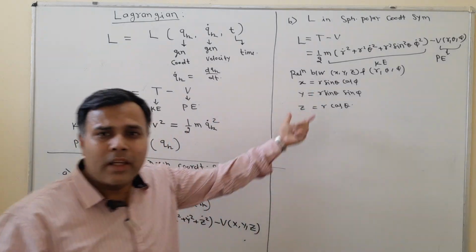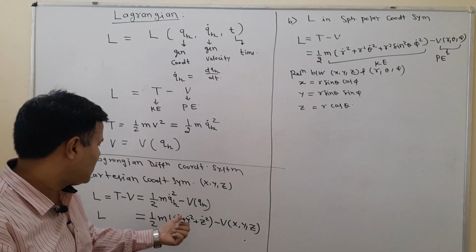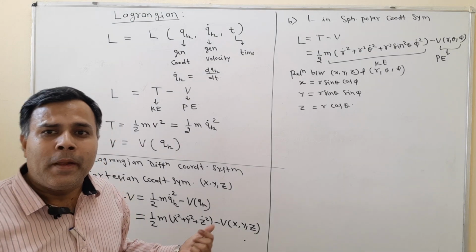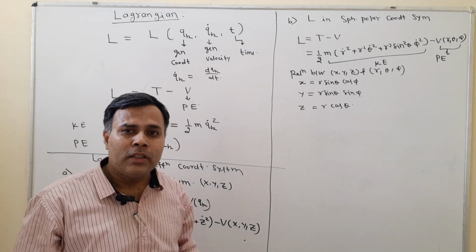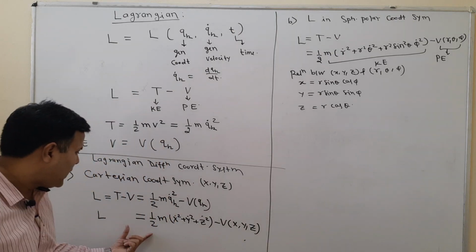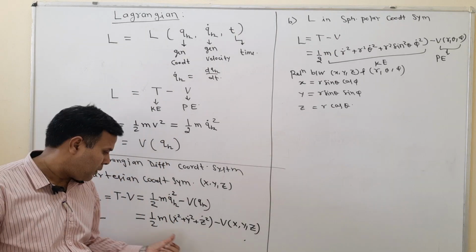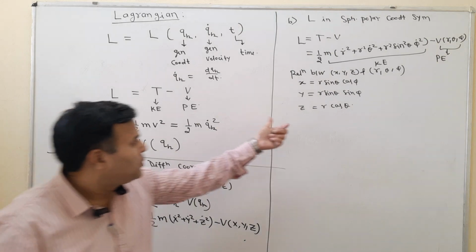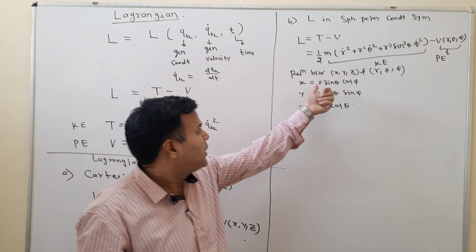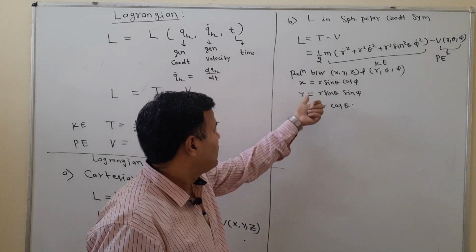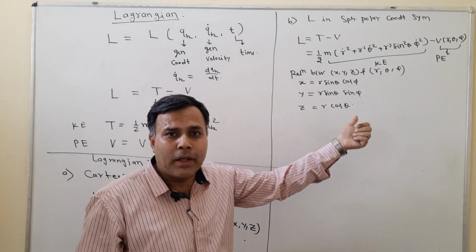Using these equations we can convert x dot, which is dx by dt, y dot, which is dy by dt, and z dot, which is dz by dt. So if we have the Lagrangian in Cartesian system, we can express it in the spherical polar system, because there is a relation between these coordinate systems.